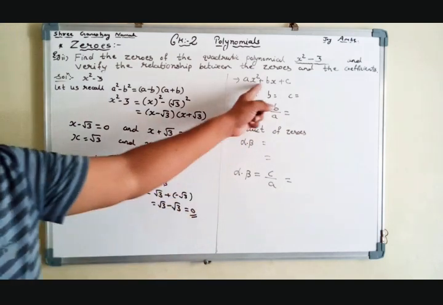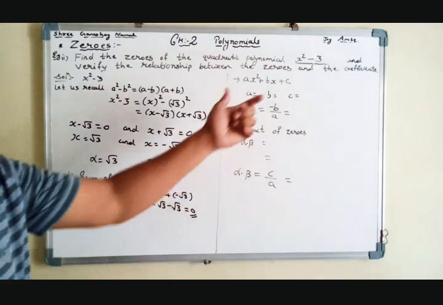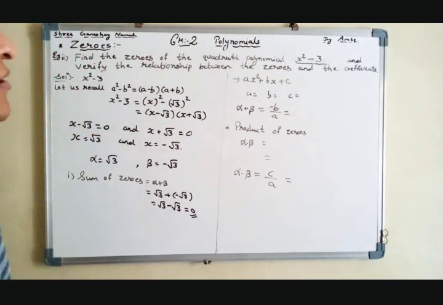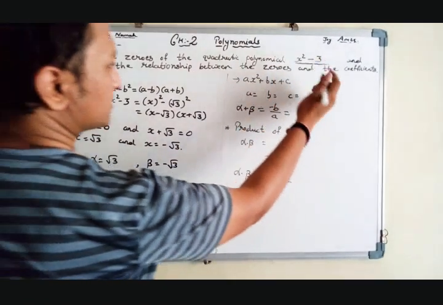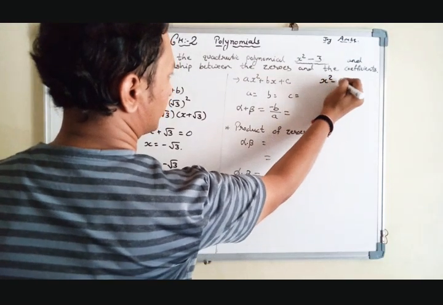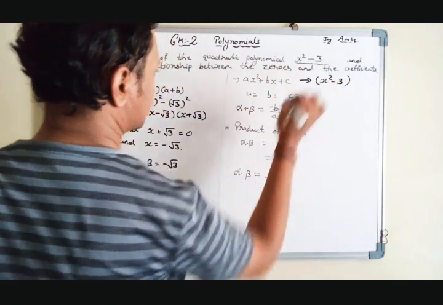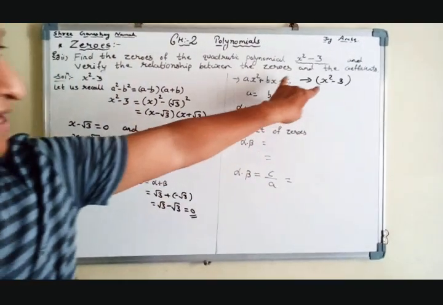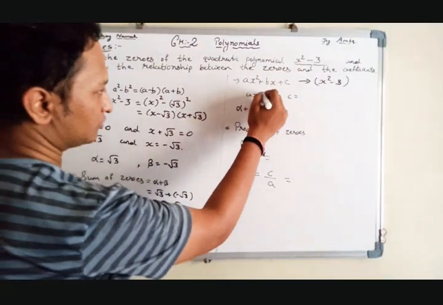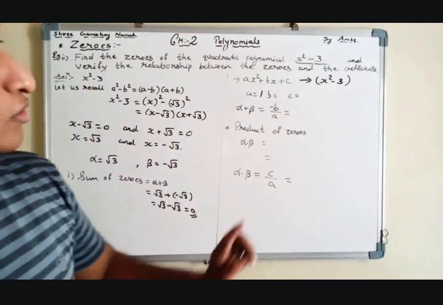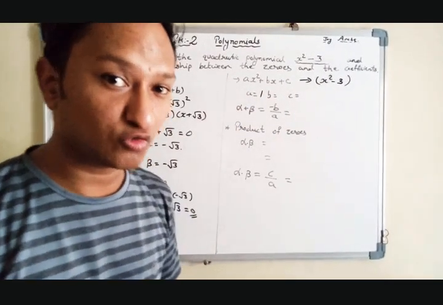Now the formula, ax square plus bx plus c is the general form of a quadratic equation, as you know. Now comparing this with x square minus 3. What is a? 1, the coefficient of x square. Now here there is no term containing x. So what is b here?